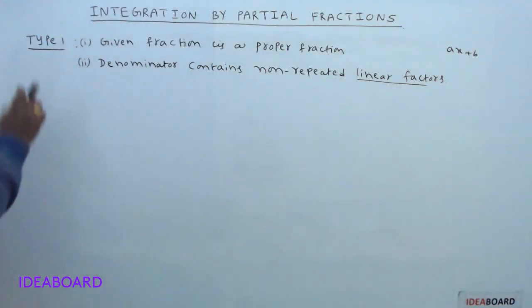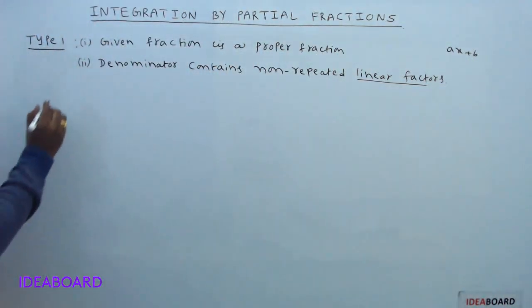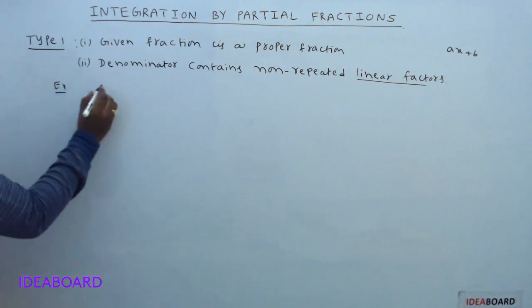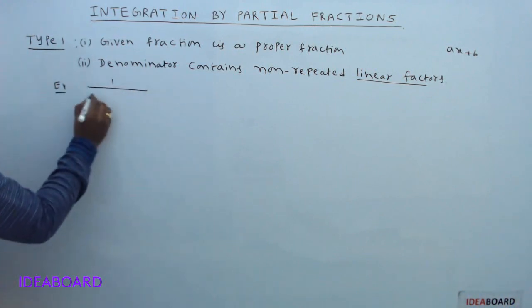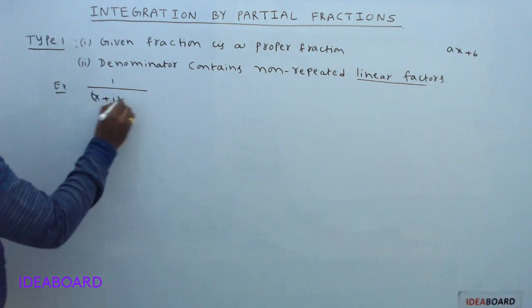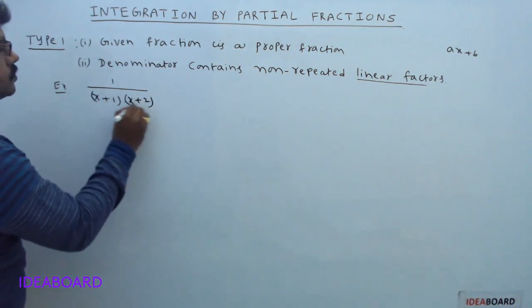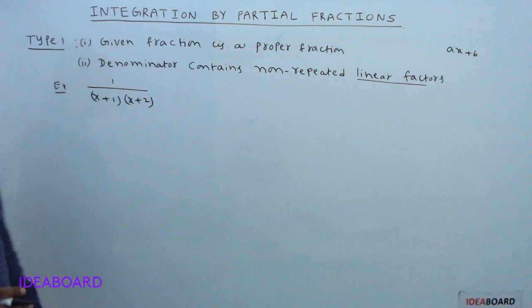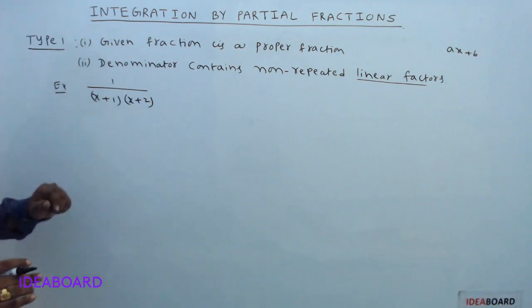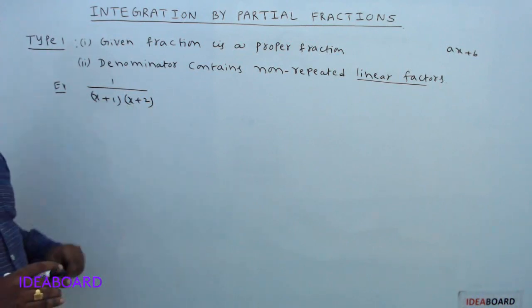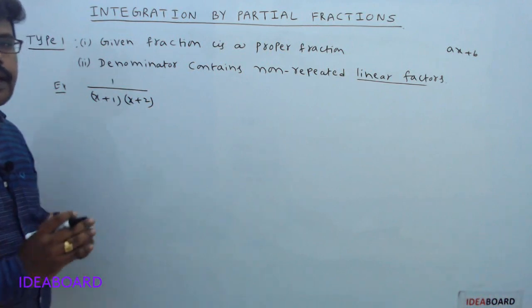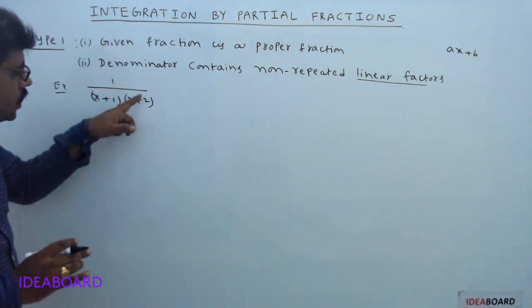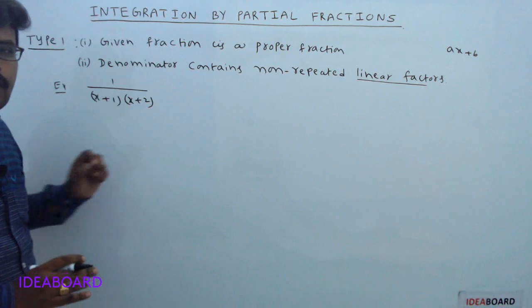Now see some examples related to this type 1. Suppose 1 divided by (x plus 1) into (x plus 2). Now here, what is the degree of denominator? If you multiply these two factors, you are getting a second degree expression. So degree of this denominator will be 2.